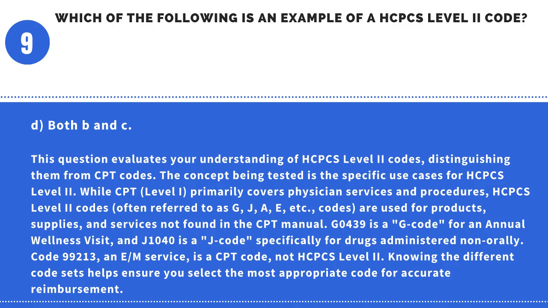G0439 is a G code for an annual wellness visit, and J1040 is a J code specifically for drugs administered non-orally. Code 99213, an E/M service, is a CPT code, not HCPCS Level 2. Knowing the different code sets helps ensure you select the most appropriate code for accurate reimbursement.